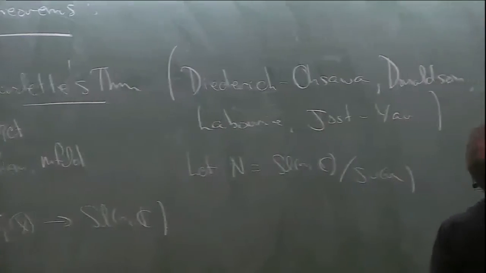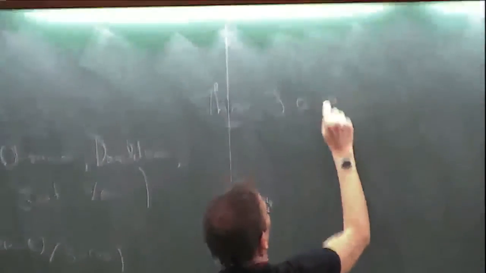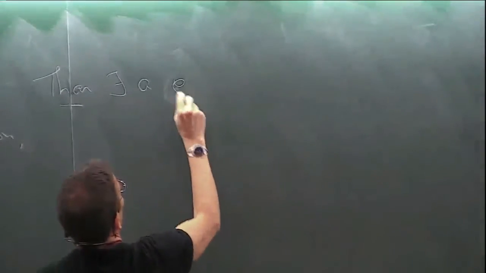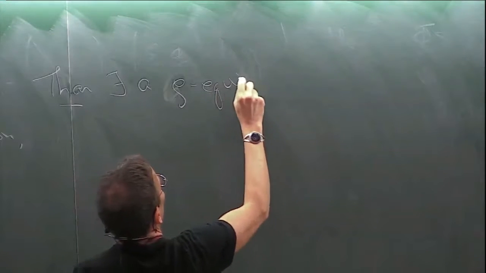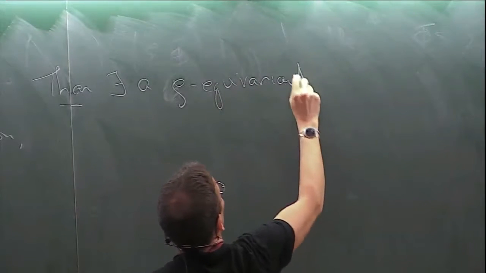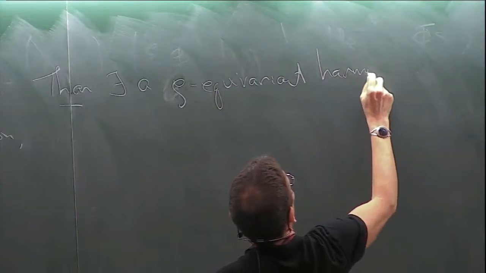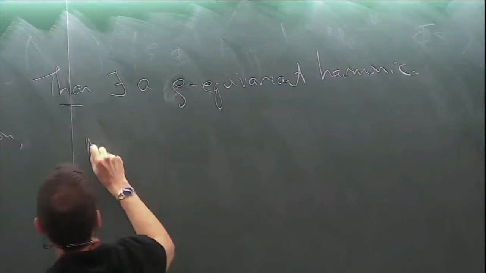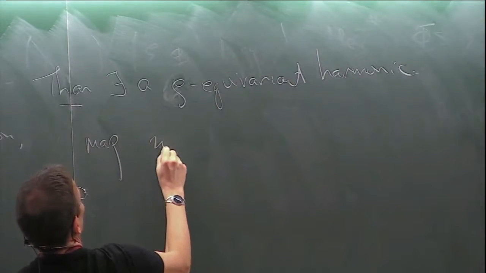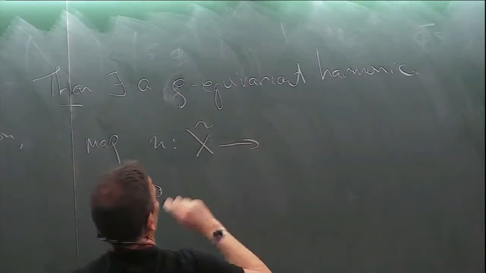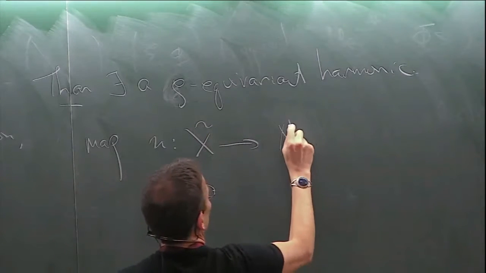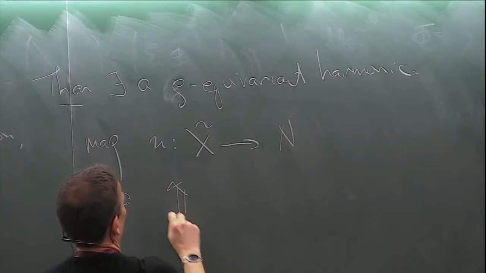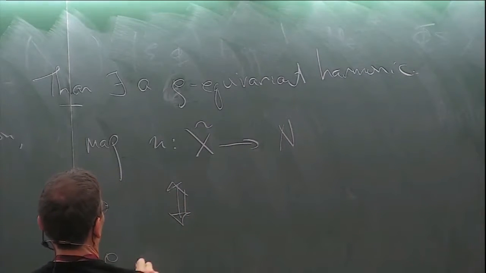there exists a rho-equivariant harmonic map from the universal cover of X to N if and only if rho is semi-simple.